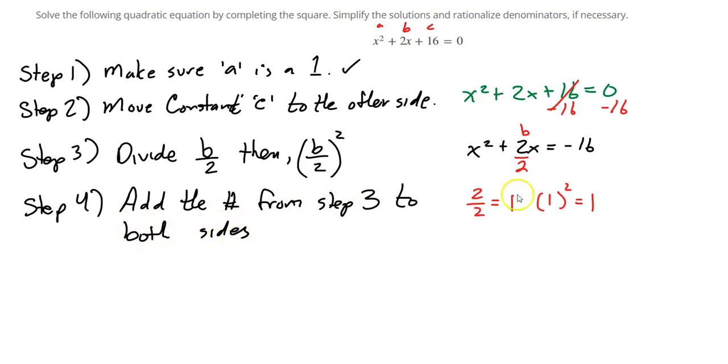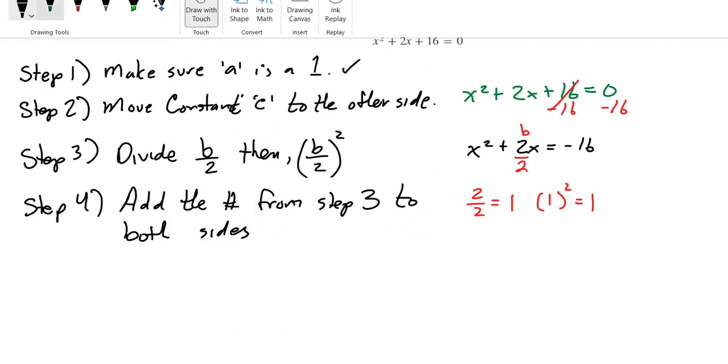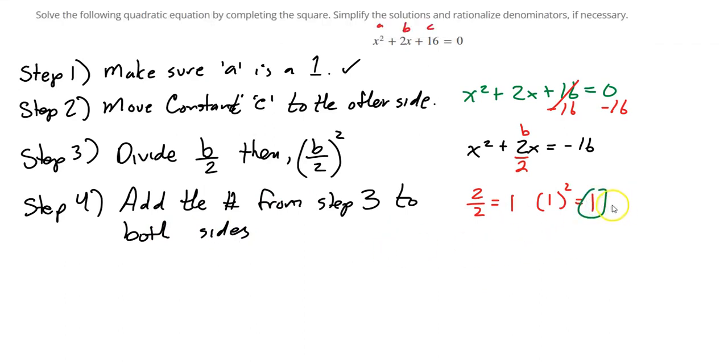How is this going to look? It's going to make the equation look like this. Let me write it in green again. We're going to take this 1 and add it to both sides. So we now have an equation that looks like this.